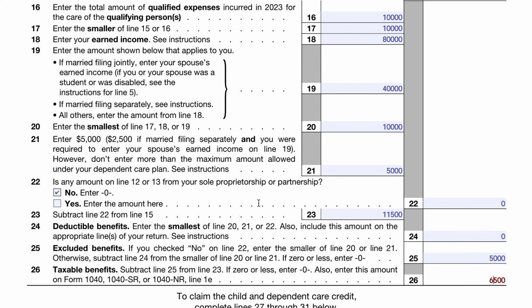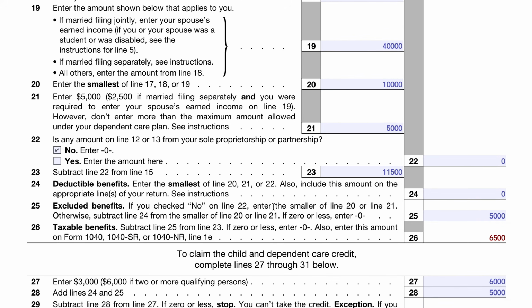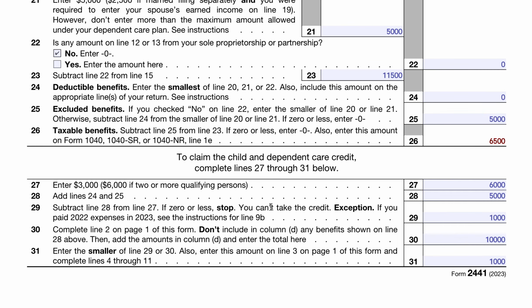Now, if you're also claiming the child and dependent care benefit or credit, you can complete these items below, and then we'll take certain figures from this section and put them in part 2 above. So $6,000 we've entered into line 27 because we're talking about 2 or more qualifying persons. We're going to add lines 24 and 25.